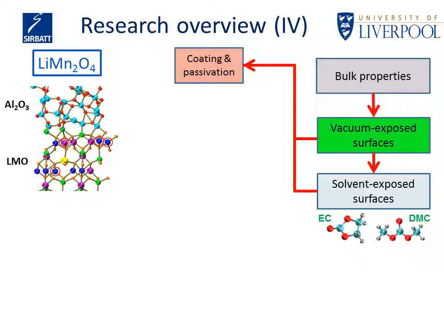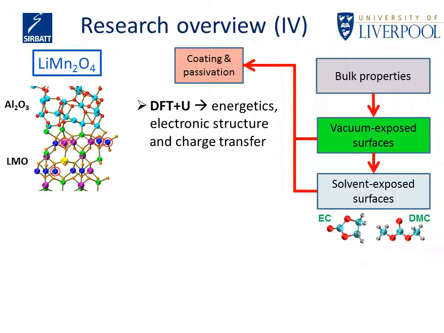Here, we have built several models to study the effect of alumina coating on lithium manganese oxide, LMO. Using DFT plus U, we could evaluate the role of the coating on the energetics, electronic structure, and charge transfer.